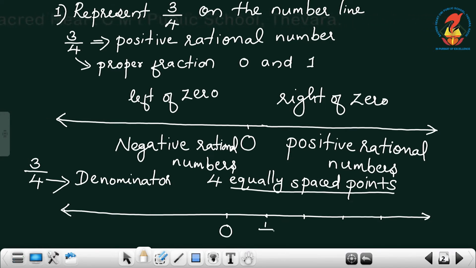So, we can write it as 1 by 4. This one will be the second point, the second part, so we can represent it as 2 by 4. And here we have the third part and we can take it as 3 by 4. Then the last one we can take as 4 by 4.